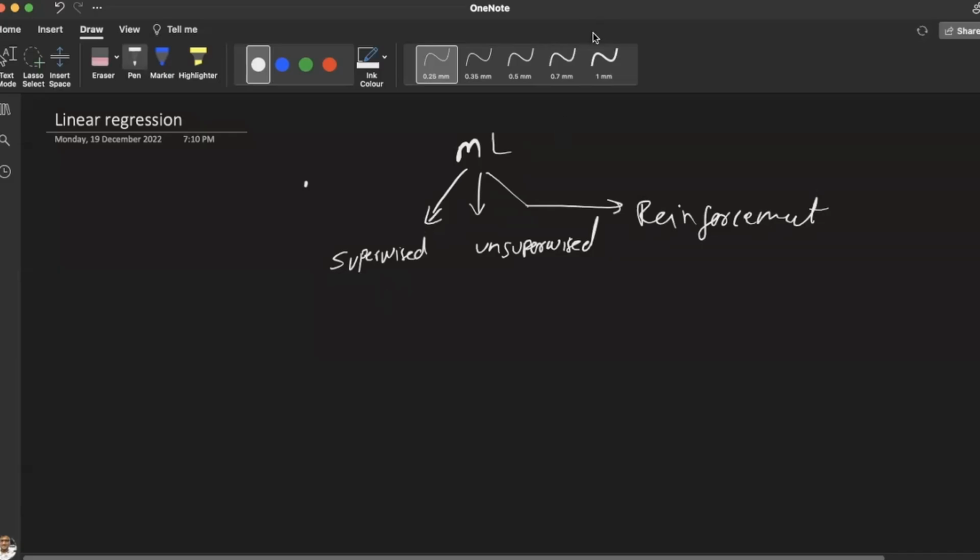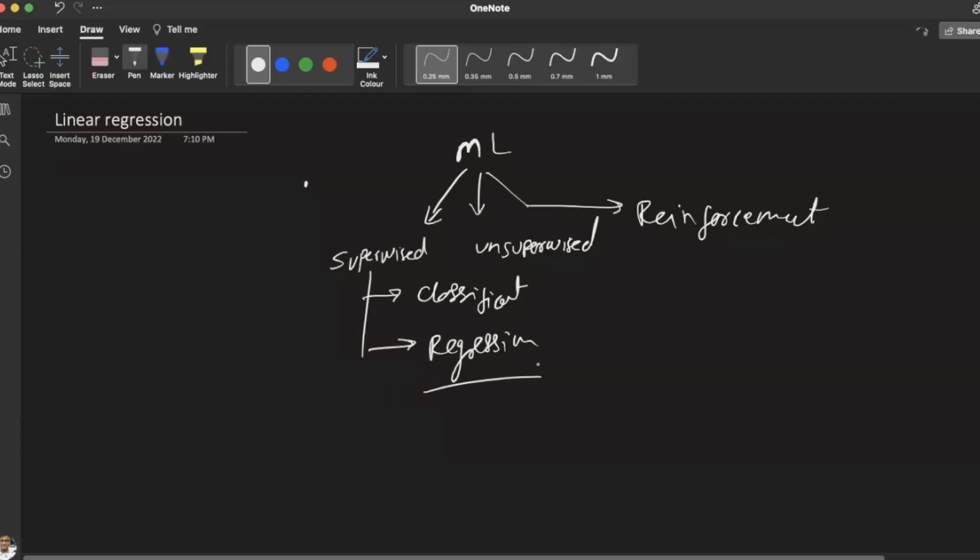And in supervised, we had discussed there are two types of things. First one is classification, right? And the second one is regression. There is something else called association rule mining that we hardly use these days. So basically these are classification and regression, which we have classified our tasks into.